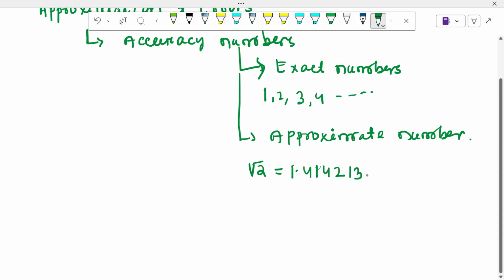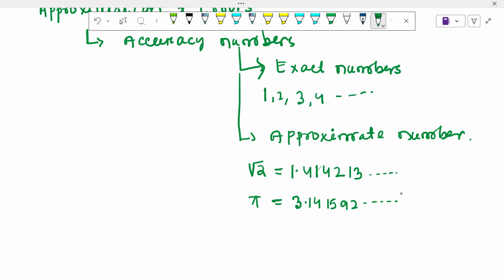This is an approximate number. Pi is 3.1415, 3.141592. That is also another approximate number.